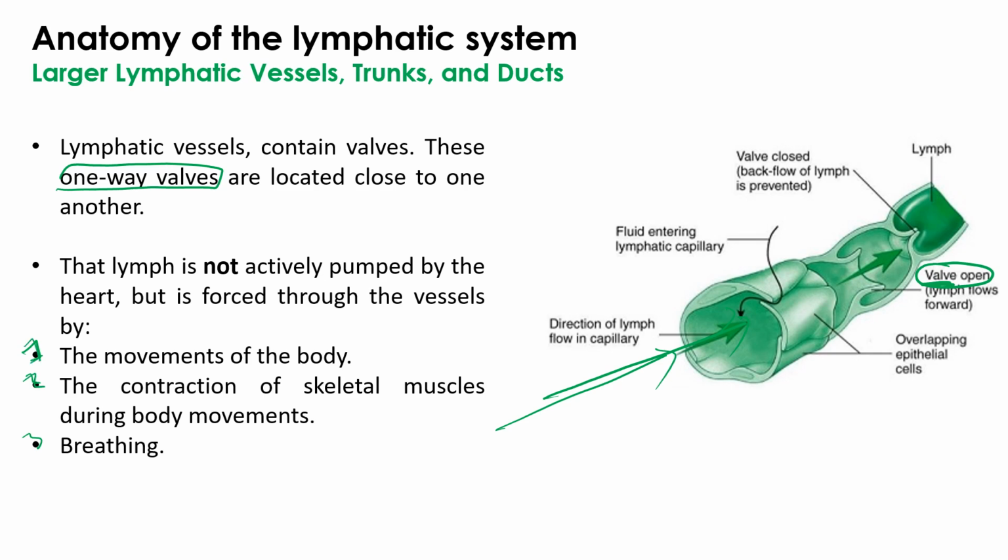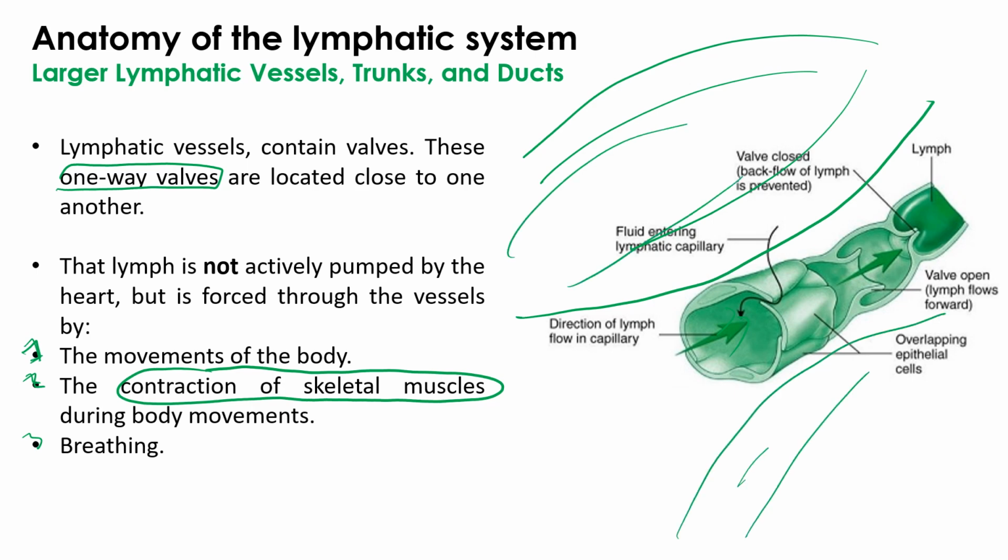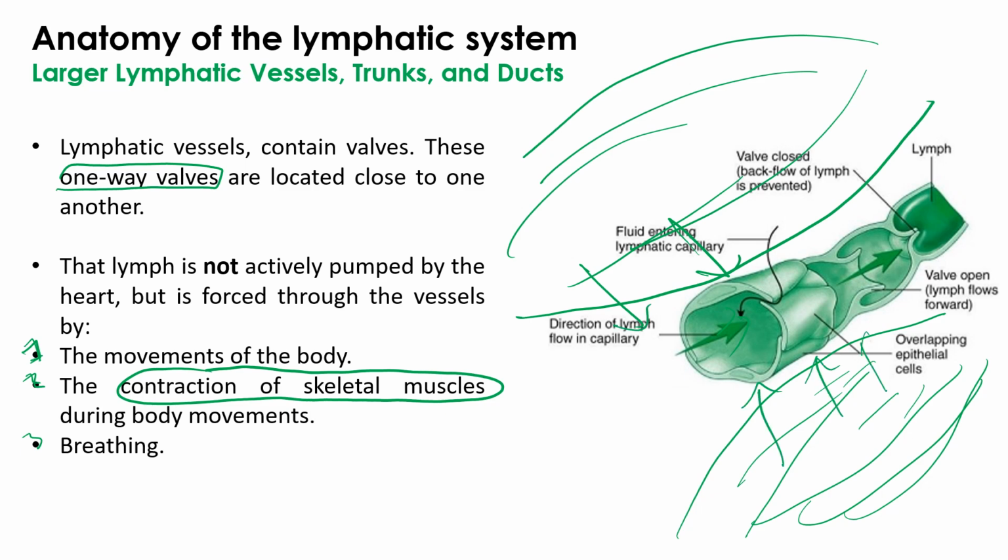So these are the ones that we have here, and it's very important for you to remember this. It is the movement of the body, but specifically the contraction of skeletal muscles. Keep in mind that if I put a muscle here and then another muscle here, or muscle fibers, every time you walk and move your extremities, that muscle contraction squeezes these blood vessels, in this case the lymphatic vessels or your veins.